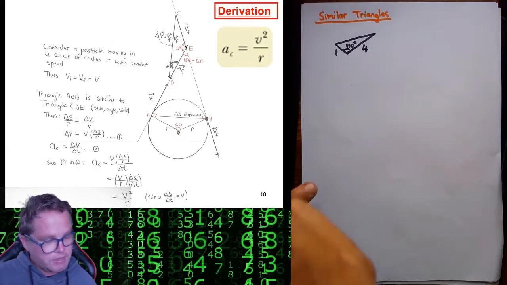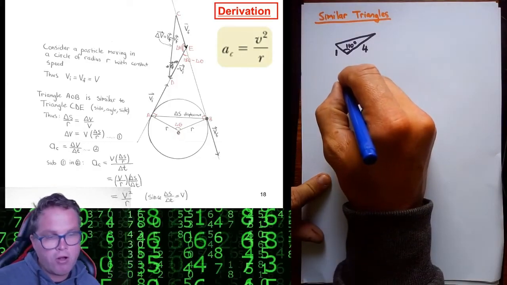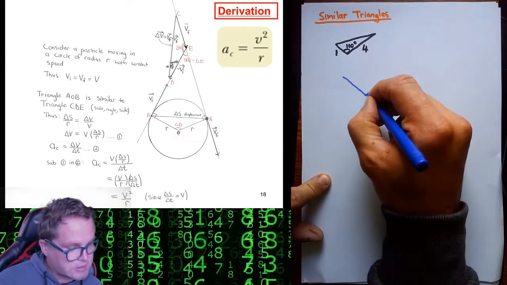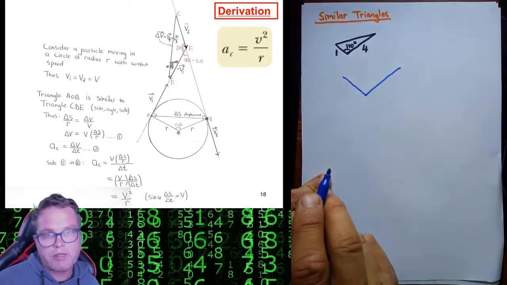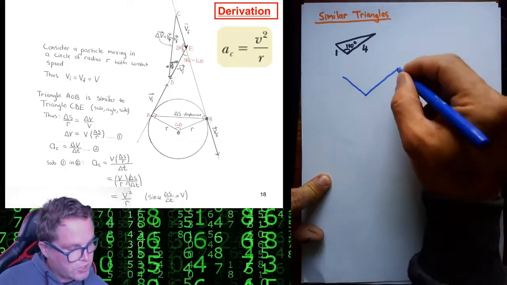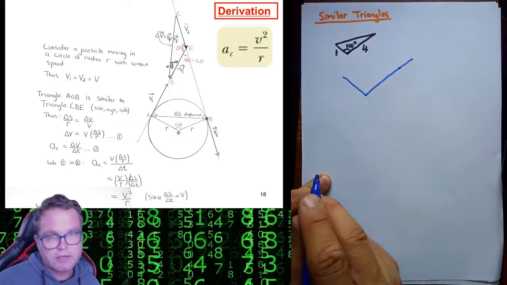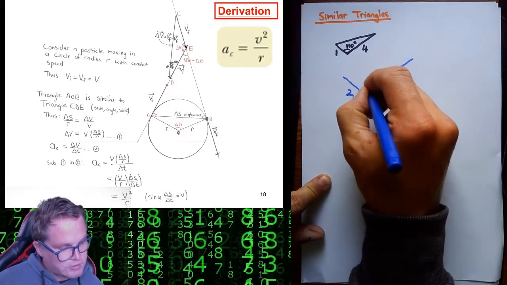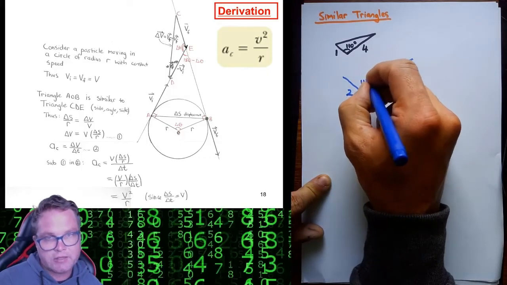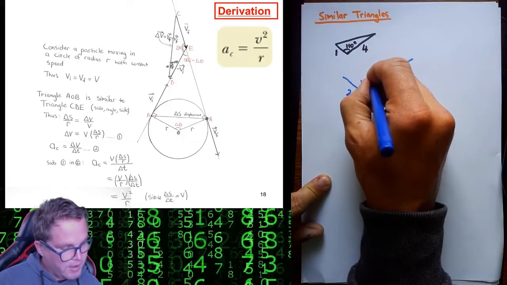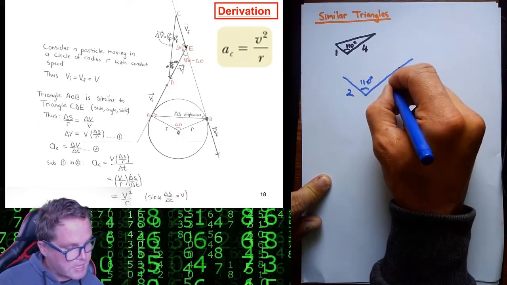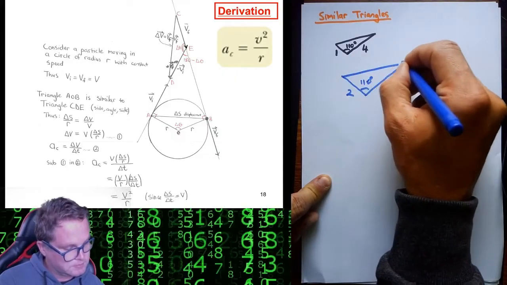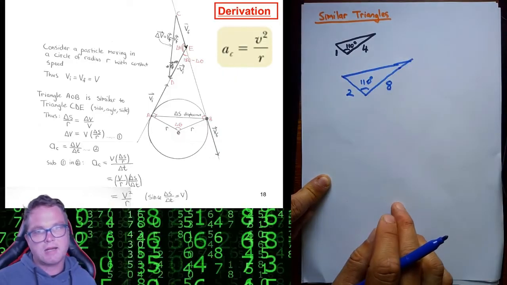So in similar triangles, the idea is that we have a whole family of triangles that are similar. Let's draw a bigger brother version of this one. In this bigger brother version triangle, this side over here is going to be 2. This angle is still going to be 110 degrees. And this side here is going to be 8. Right, this is our bigger triangle.